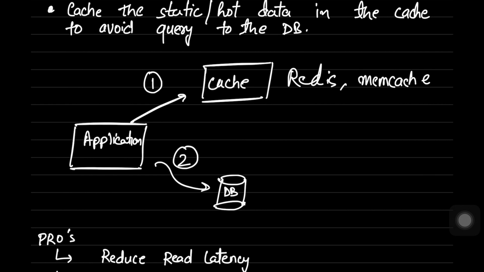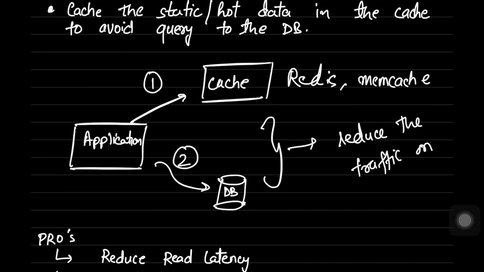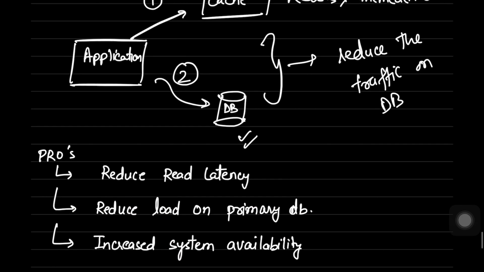If it is not present, only then do you hit the database server. In these cases, you eventually reduce the traffic on the database. You're not scaling the database, you're reducing the traffic on it. So in some sense, you can say that it's a way of scaling your database.